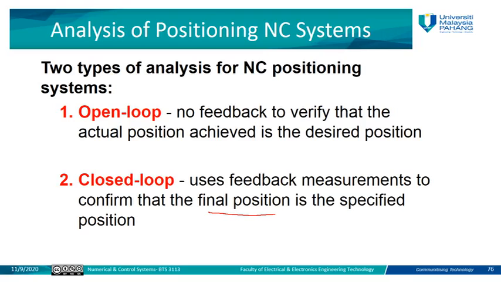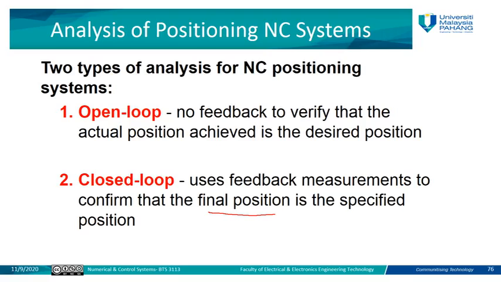Okay, so usually I use an analogy for the open loop and closed loop from one of the existing control systems in our life. As a car driver, for example, if you drive your car while your eyes are closed, that is equivalent to the open loop control system. Why?